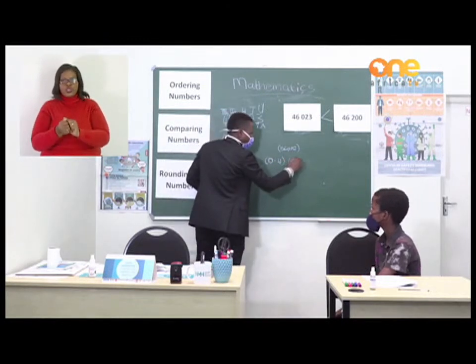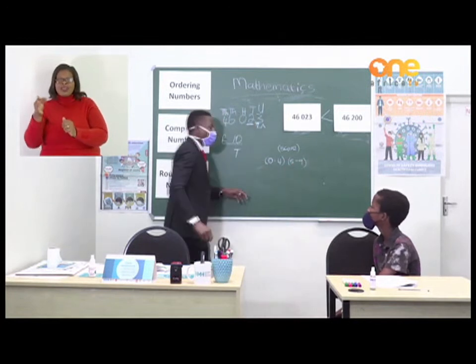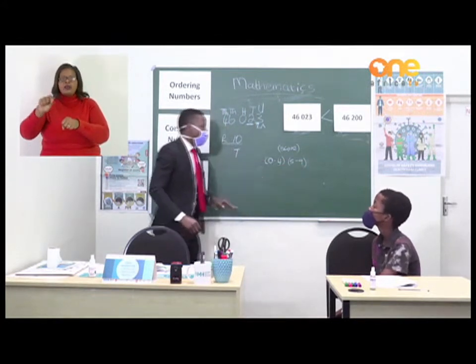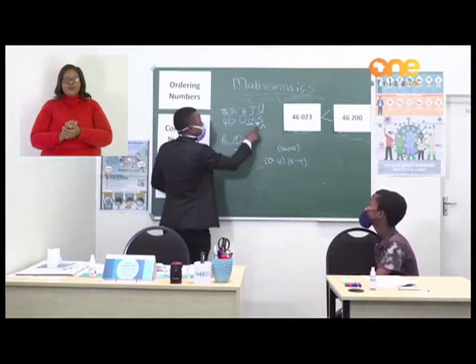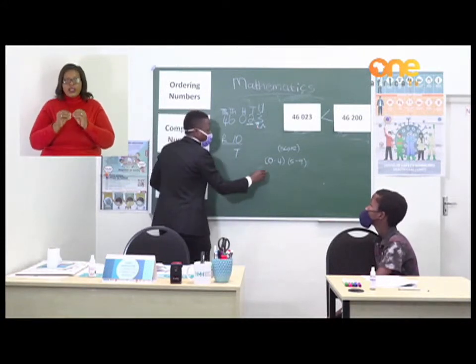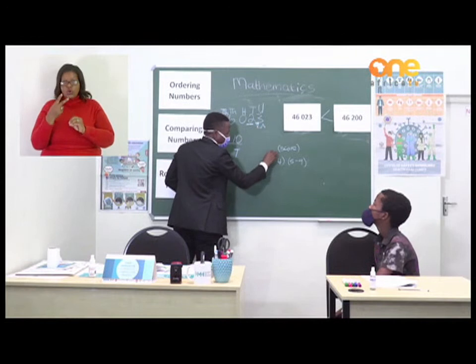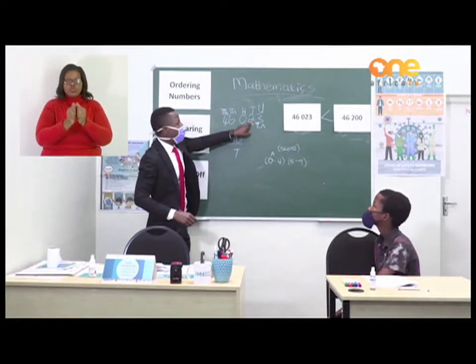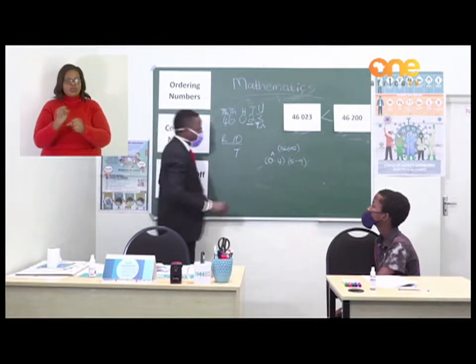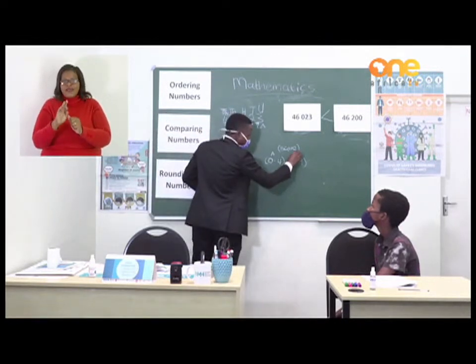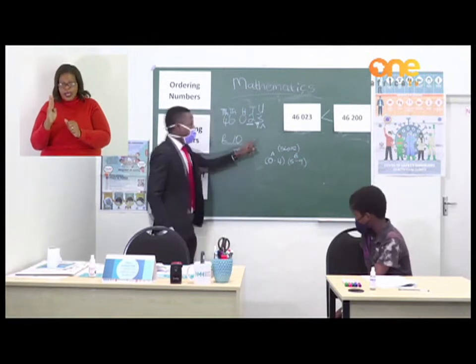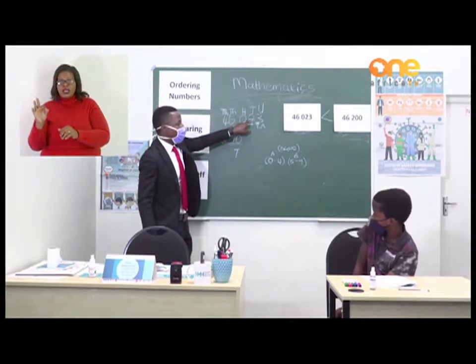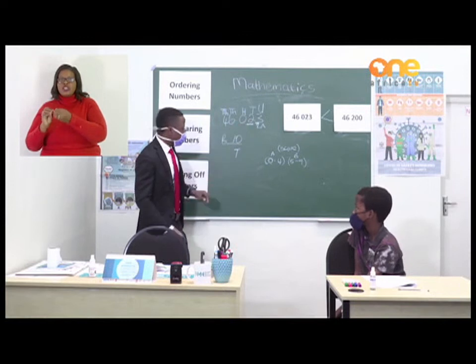From 5 to 9, those numbers can score. Now if the number you are looking at falls in this category A, it will not change the number you are rounding off. But if it falls in this category B, then it can change the number you are rounding off.